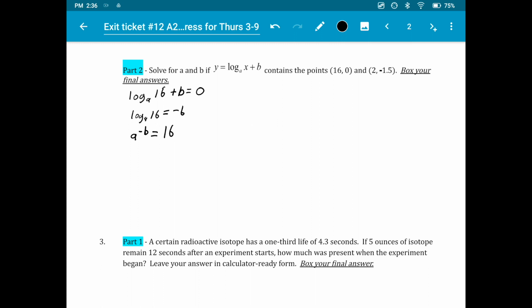Similarly, from plugging in the other point, the 2, -1.5 point, I get that log base A of 2 plus B is equal to -3/2.